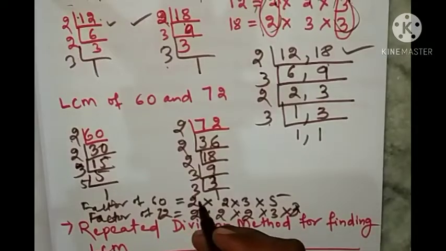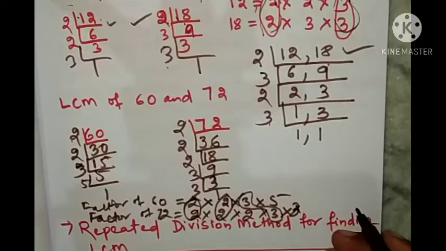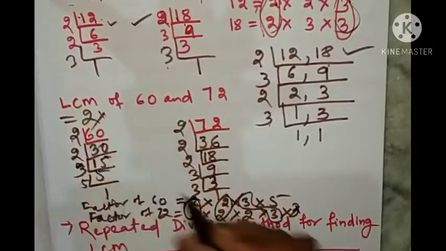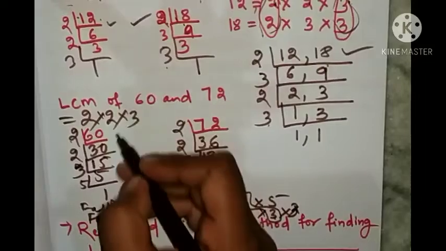So find the common factors. So you can write the LCM of 60 and 72 equals 2 into, first write the common factor, 2 into this one, 3.